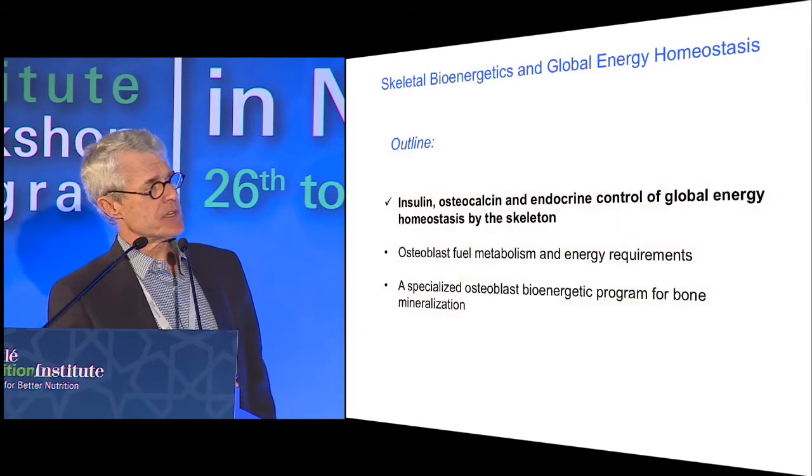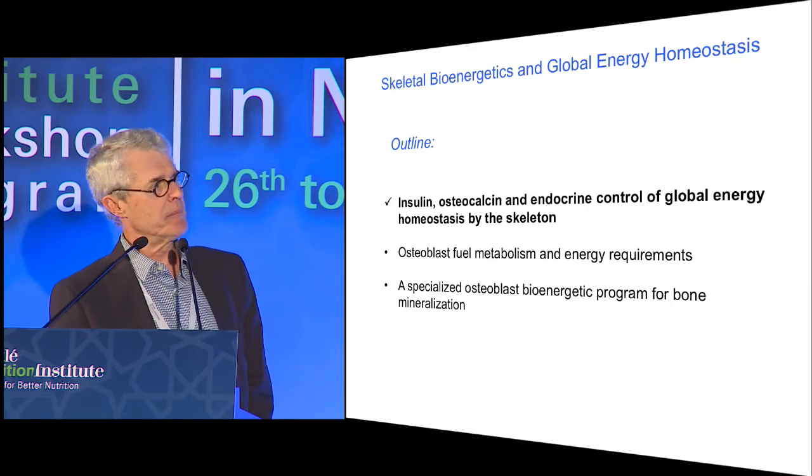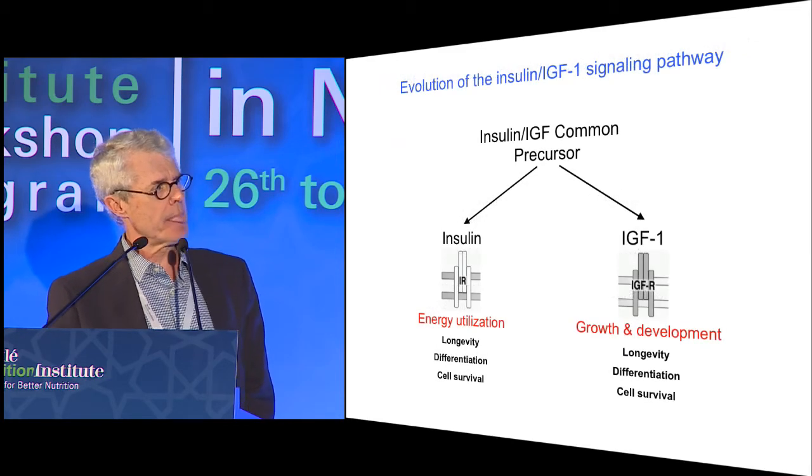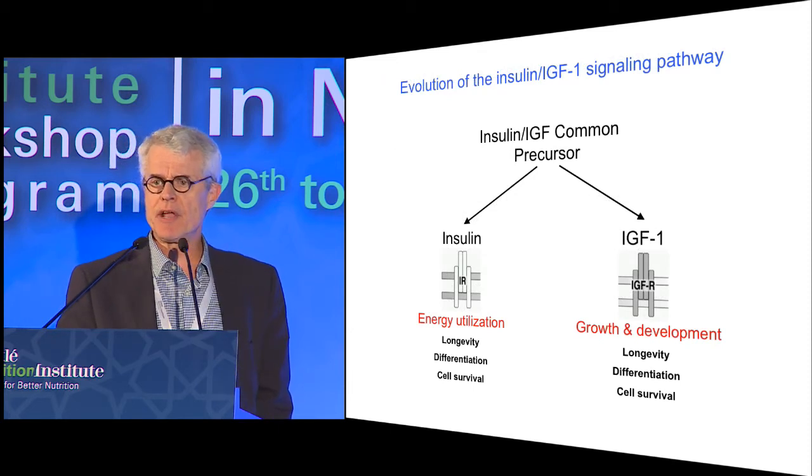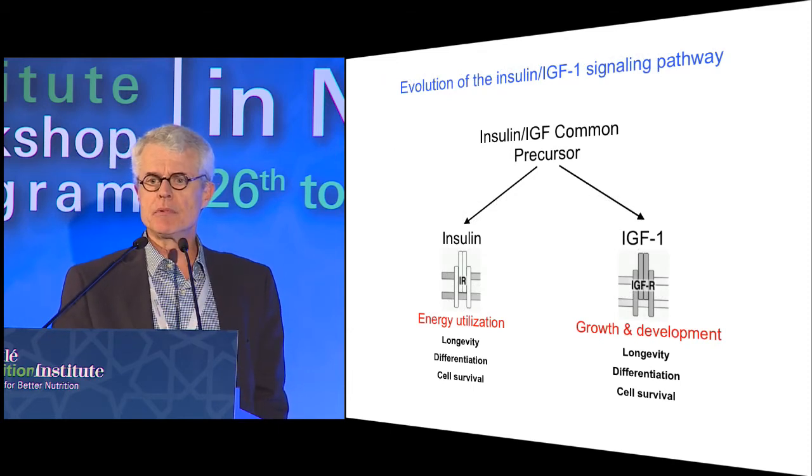So let's talk about the first kind of serendipitous finding, that osteocalcin is an endocrine factor made by bone. And again, we were interested for a long time in trying to distinguish actions of two related growth factors, IGF-1 or insulin-like growth factor, and insulin. And these are very evolutionarily conserved molecules and receptors.